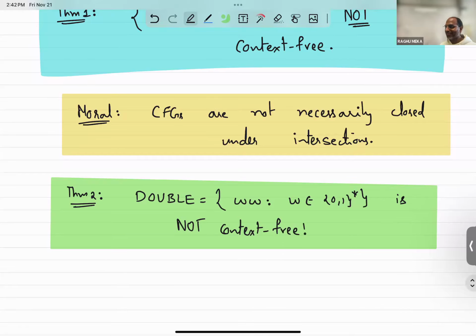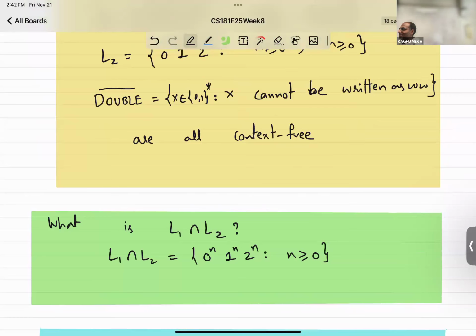Another surprising fail in terms of closure properties, right? So I have a language double bar, which is context free, but its complement, double, is not context free.